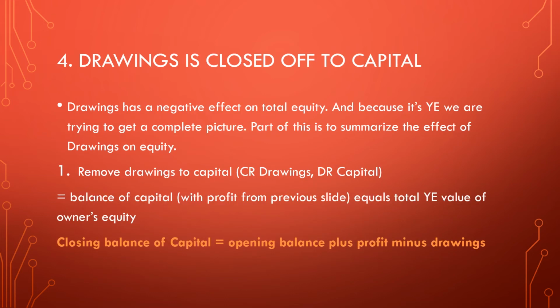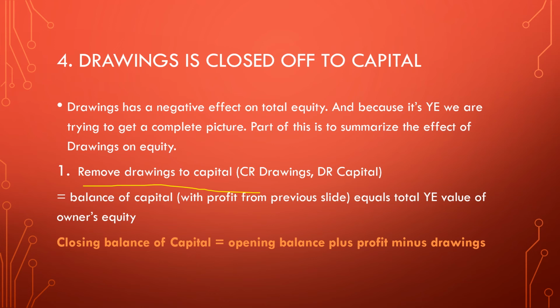Then over to our last step. We've put our profit into capital, so over to the step with drawings. What we do is we remove drawings to capital by crediting drawings and debiting capital. The reason we do this is because throughout the year we've been classifying drawings separately. It is equity, but we've been classifying it as a separate entry.